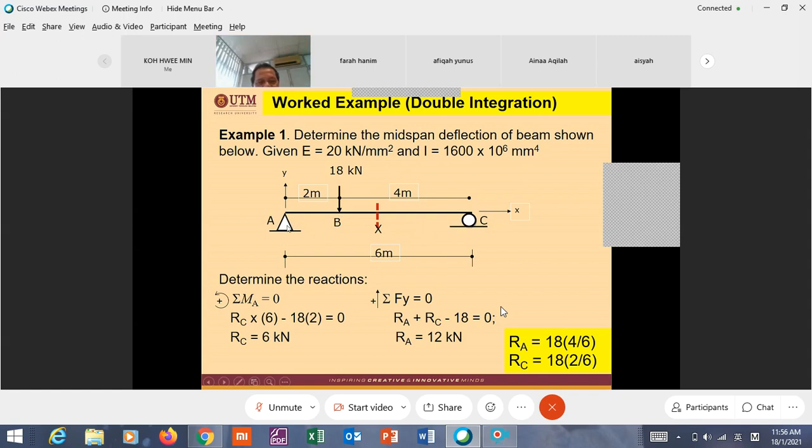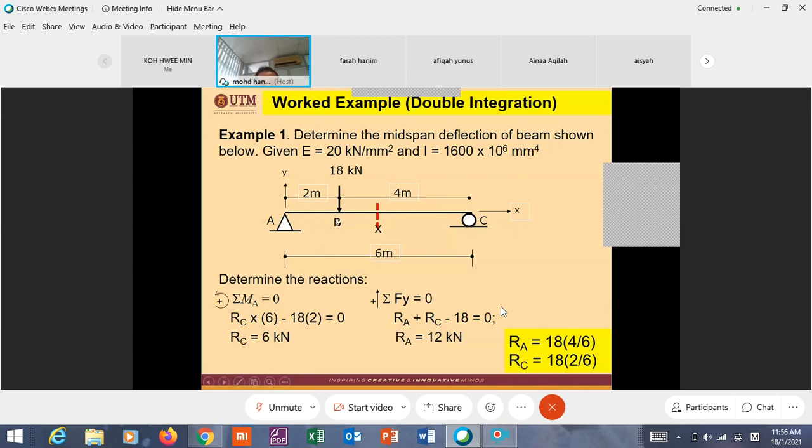Also, if it is roller and roller, the calculation is the same, but the structure is not stable. If it is roller and roller, it can move freely, like a trolley, or like a skateboard. So it is not stable. But theoretically, we can calculate the deflection.